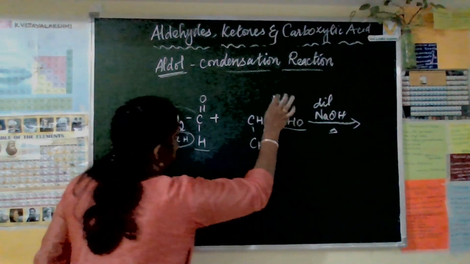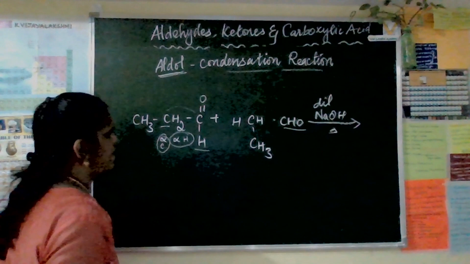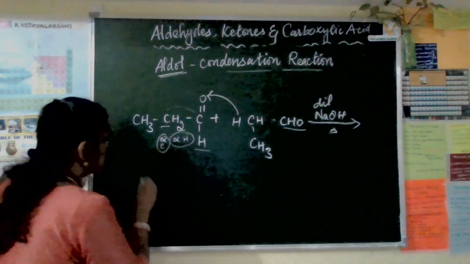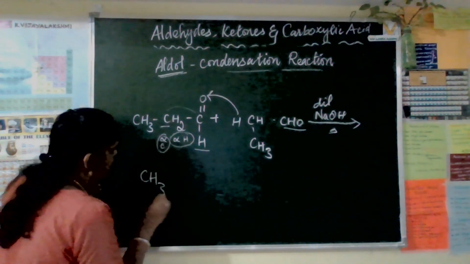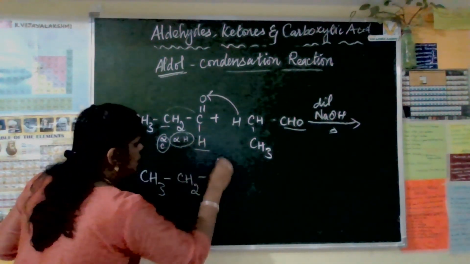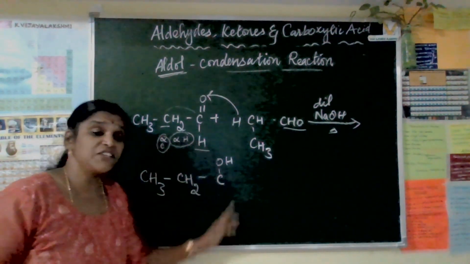What happened here? I just put in a small correction here: CH2, I put it this way. So this hydrogen is going to attach over here. So here CH3CH2CH with OH formation takes place now. This is the nucleophilic addition product.